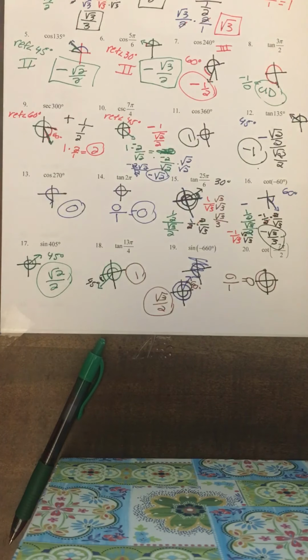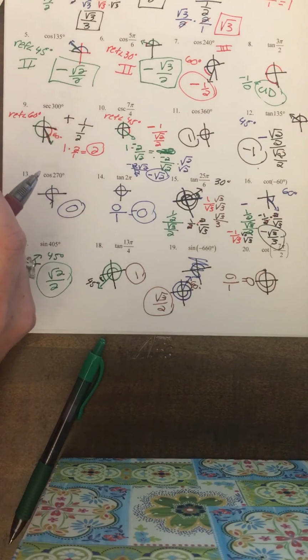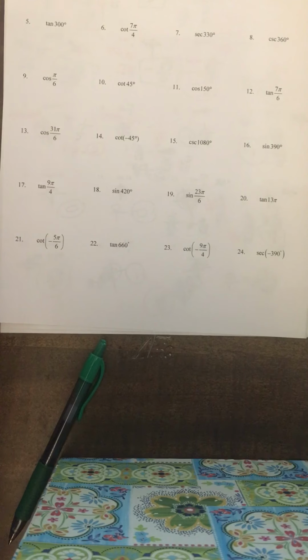Okay, so this is going to be your homework, but instead of giving you all of these, you're welcome to do all of these. I will be happy with you guys just doing the odd problems, okay?